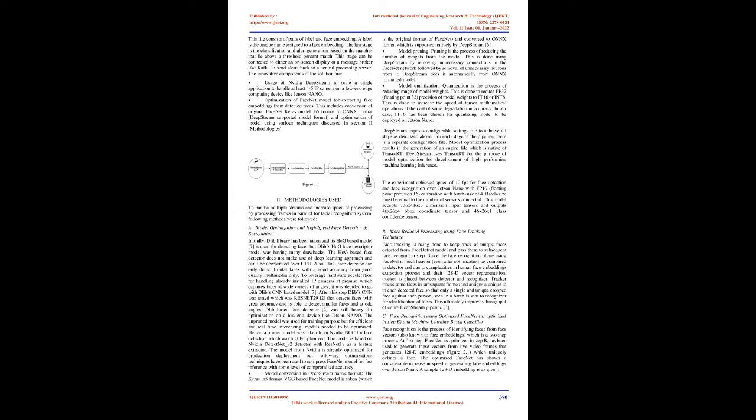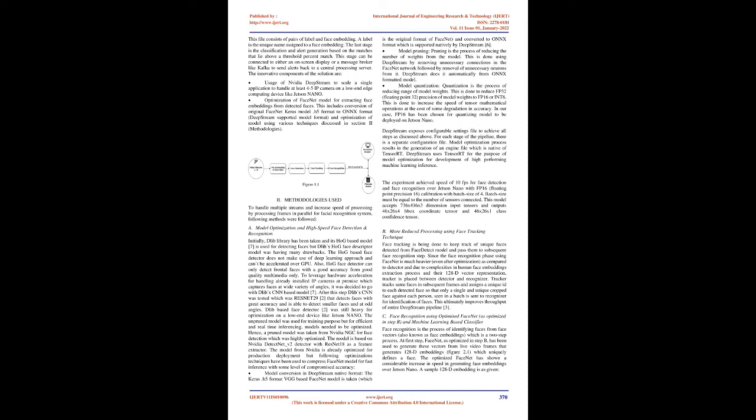Model pruning. Pruning is the process of reducing the number of weights in the model. This is done using DeepStream by removing unnecessary connections in the FaceNet network, followed by removal of unnecessary neurons from it. DeepStream does it automatically from an ONNX formatted model. Model quantization. Quantization is the process of reducing the range of model weights.